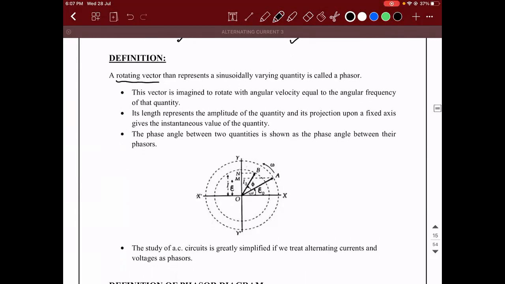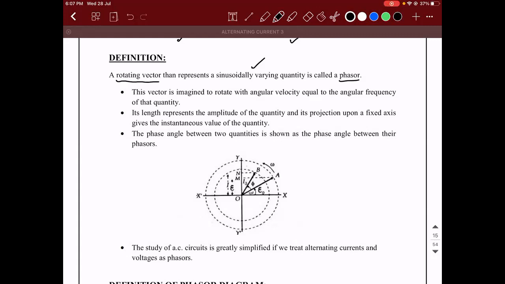Okay, let's get started. Basically, a phasor is a rotating vector that represents a sinusoidally varying quantity. For example, I have current I is equal to I naught sine omega t. It's a sinusoidally varying quantity. Similarly, I is equal to I naught cos omega t. It is also a sinusoidally varying function.